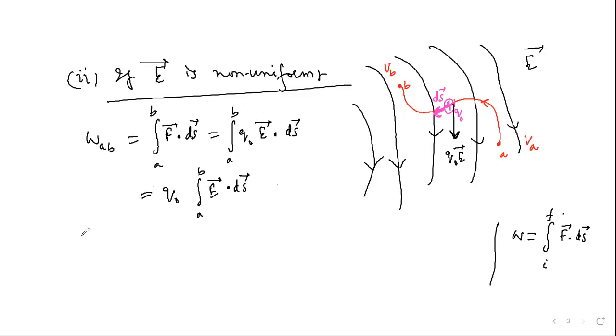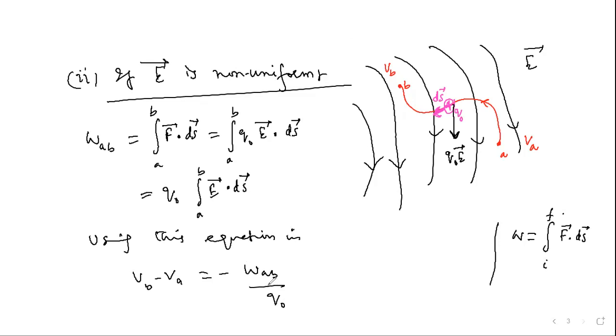Now using this equation, we write the complete equation. VB minus VA is equal to minus WAB by Q naught. Minus is already there. Instead of WAB, we write Q naught times the integral from A to B of E dot ds.